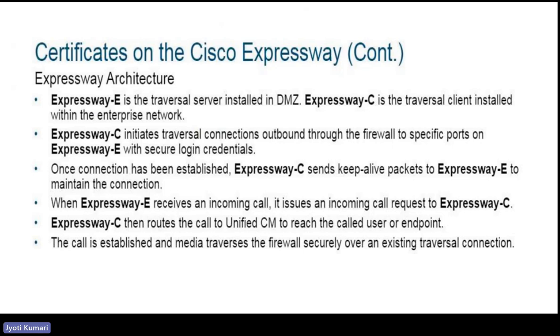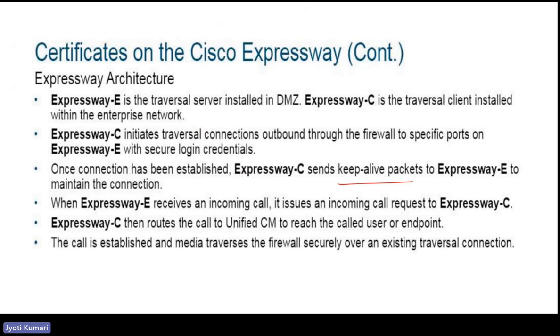These are periodic messages sent from Expressway C to Expressway E to maintain a relationship with the Expressway E. So to maintain that connection, it regularly sends keep alive packets. Then when Expressway E receives an incoming call, it issues an incoming call request to Expressway C, which then routes the call to CUCM to reach the caller or the endpoint. The call is then established and the media traverses the firewall securely over the existing connection.